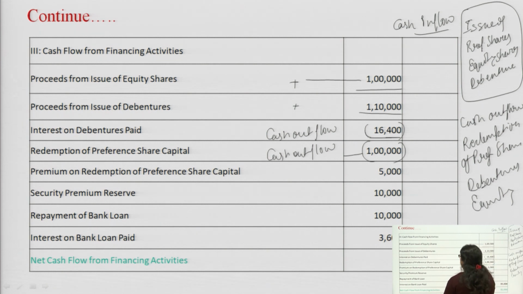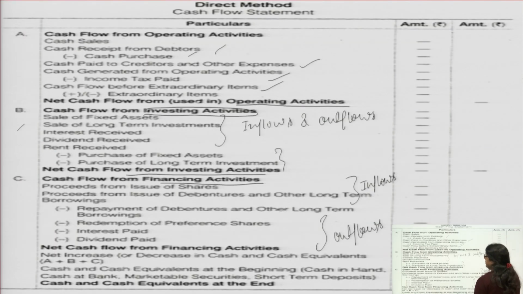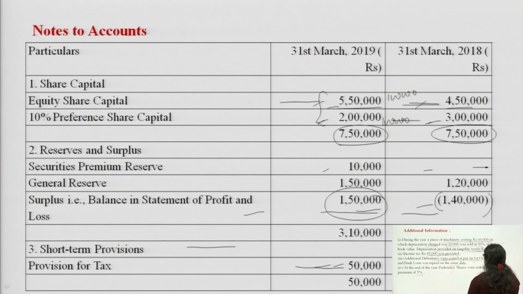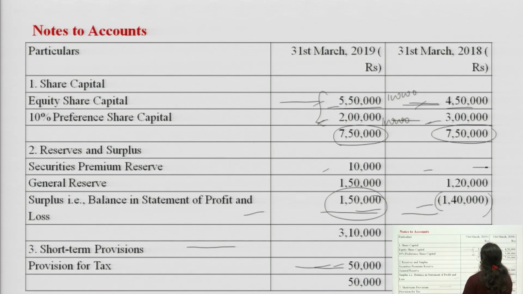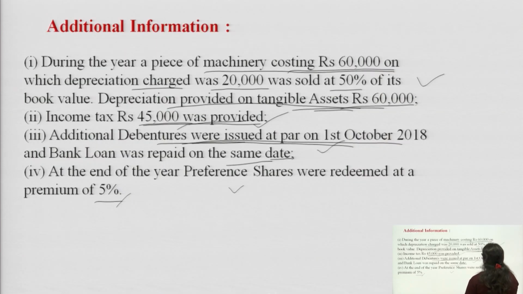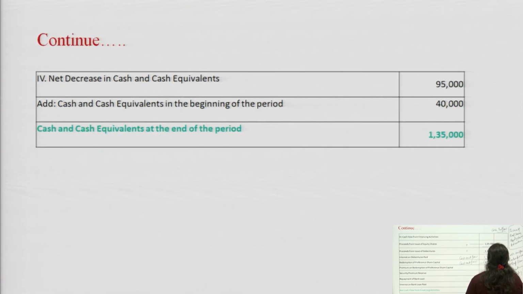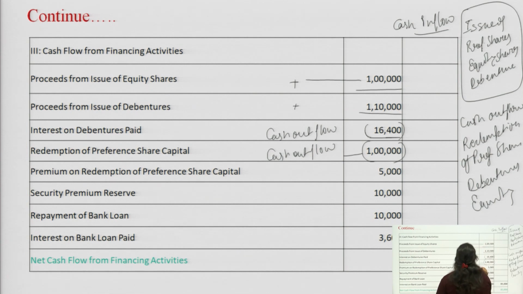Premium on redemption of preference share is being given, as mentioned here at the time of the redemption. See here that 5% premium was given. The amount will be calculated on this. 1 lakh has been redeemed. So, 5% of 1 lakh will come out to 5,000. This is 5,000, and once it is paid, it is cash outflow.